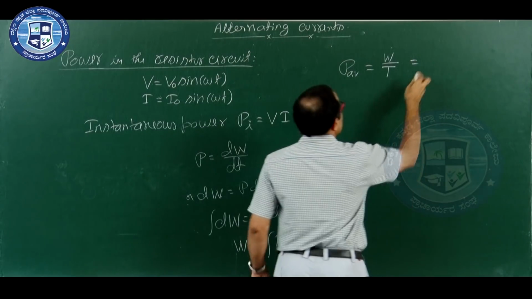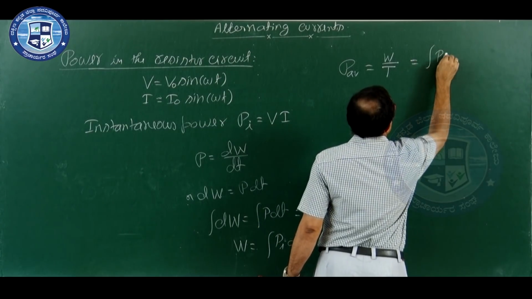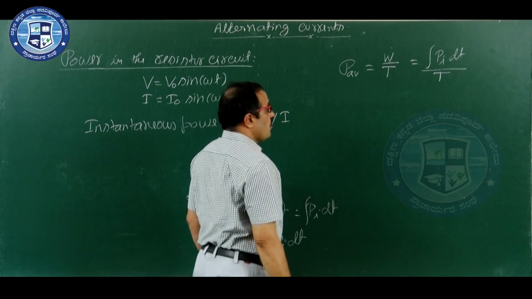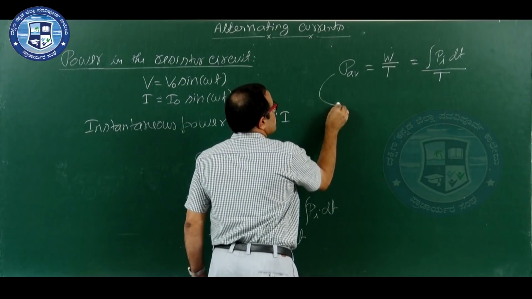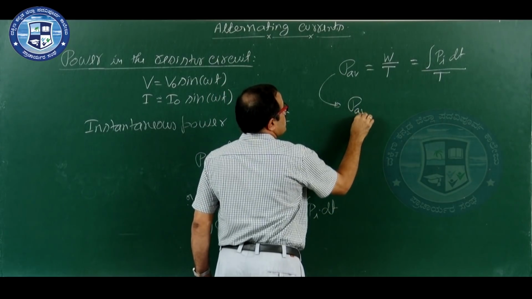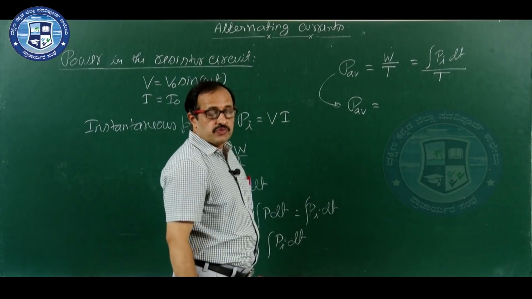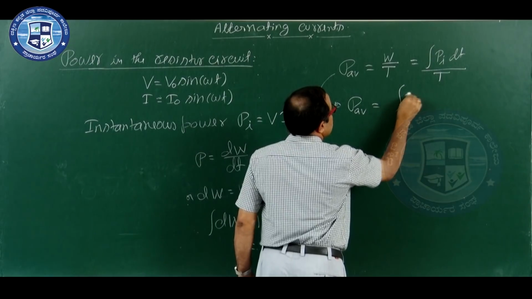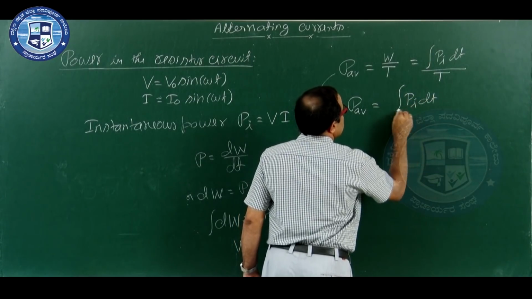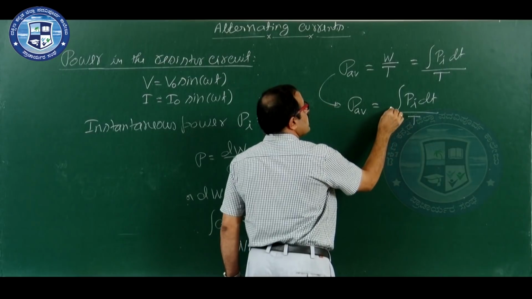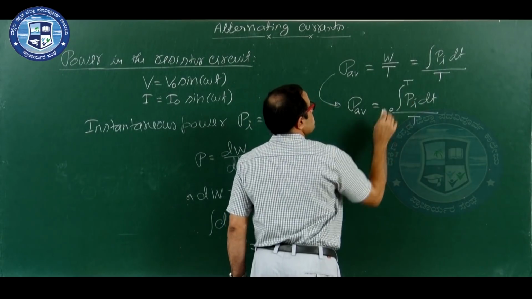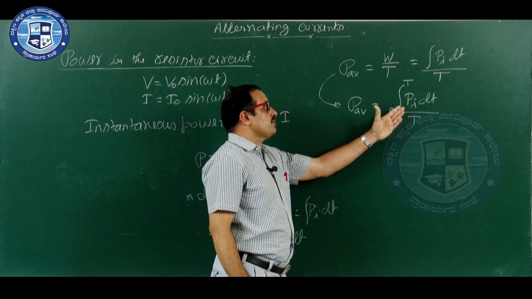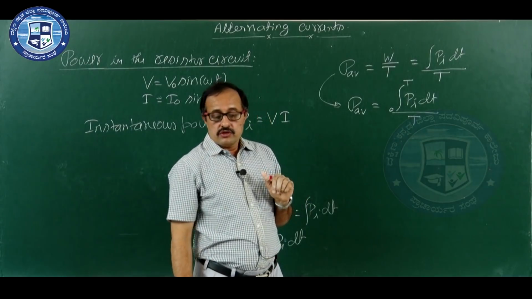It is integration of Pi dt divided by T. Therefore, in the case of AC circuit, average power consumed over the complete cycle is equal to integration of Pi dt divided by T, from 0 to T. Therefore, if you try to find out average power, it is by the method of integration.